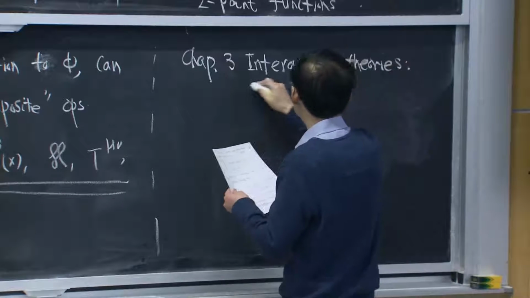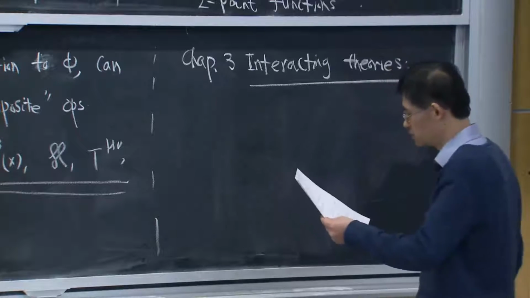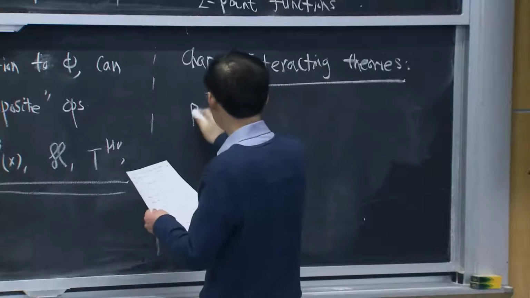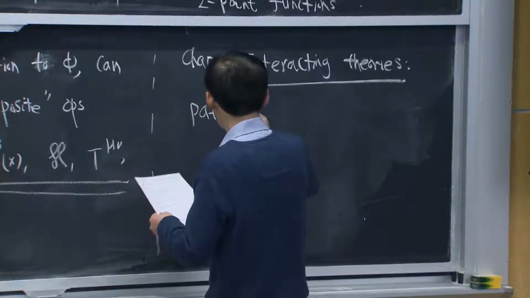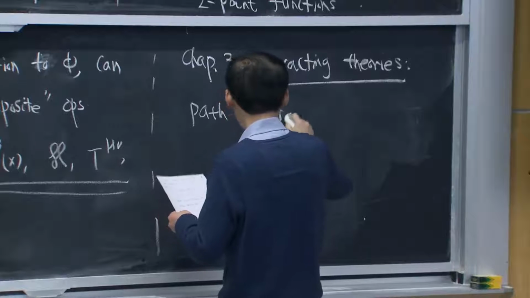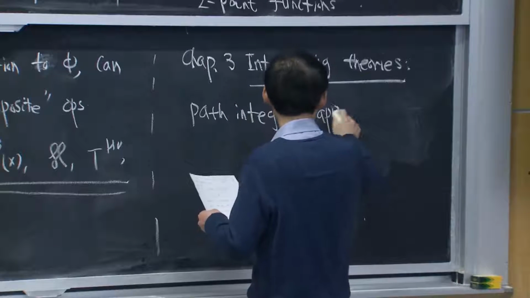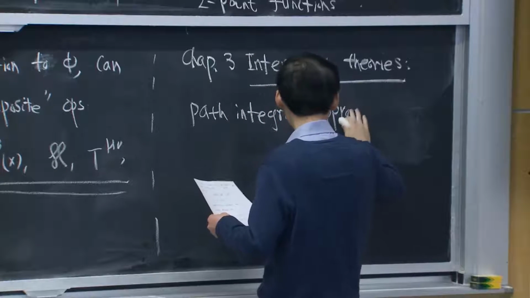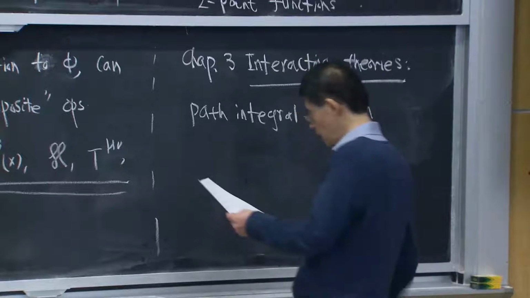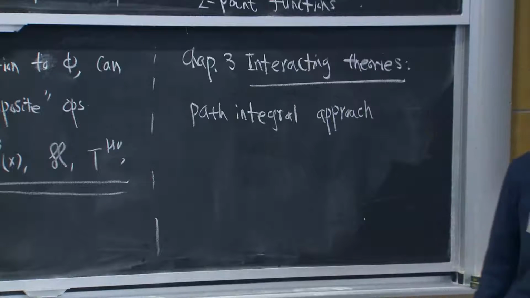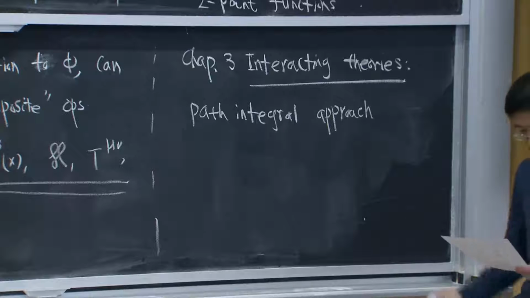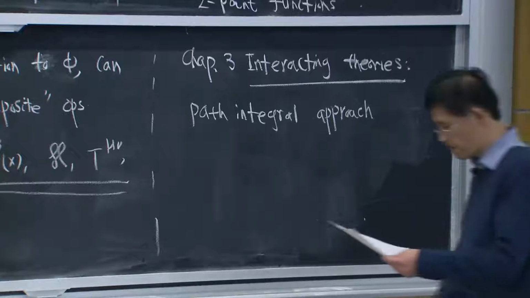It turns out that to describe interactions, a very powerful approach is the path integral. So we will also discuss the path integral. We will use the path integral approach to describe how to treat interactions.